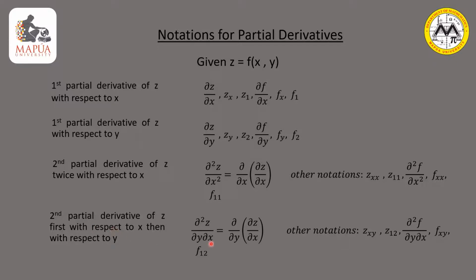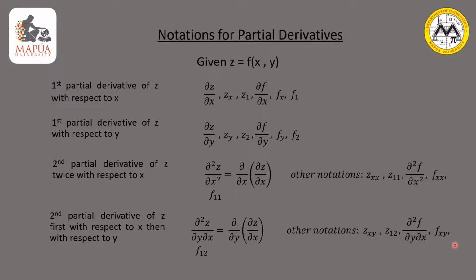And this is defined in terms of the partial derivative with respect to y of the first partial derivative of z with respect to x, denoted by the symbol second partial derivative of z, first with respect to x, then with respect to y. The other symbols that would represent these are z sub xy or z sub 1, 2, or second partial derivative of f, first with respect to x, then with respect to y, or we have f sub xy or f sub 1, 2.